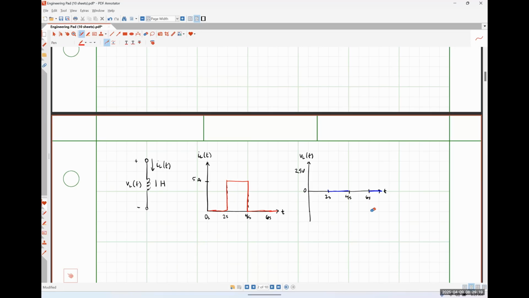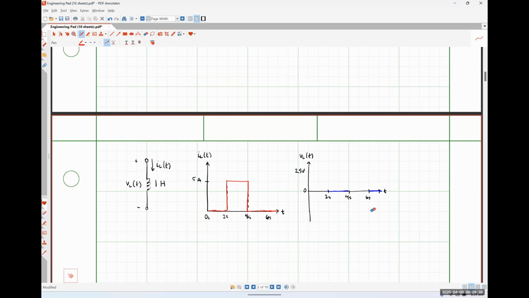The rate of change is what? I disagree. What's the rise? 5. What's the run? 0. What's 5 over 0? We're not in a math class. What's 5 over 0? Infinity.